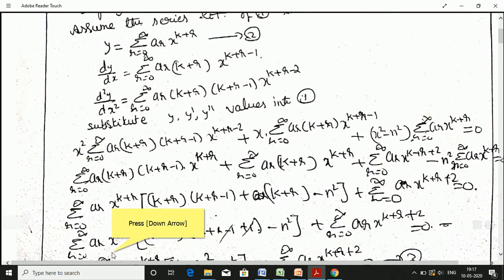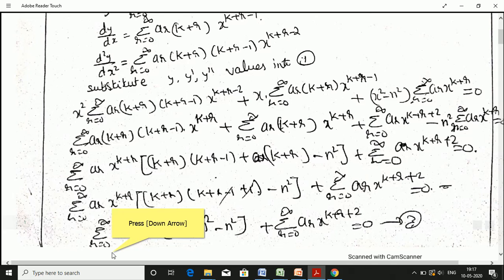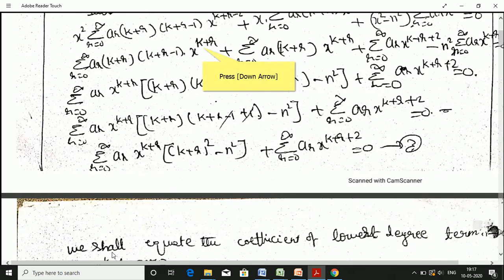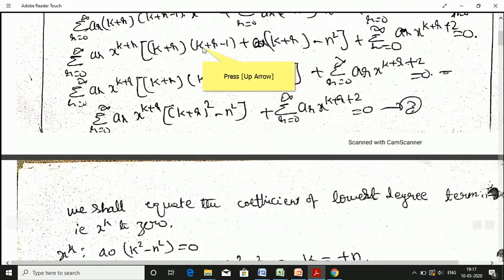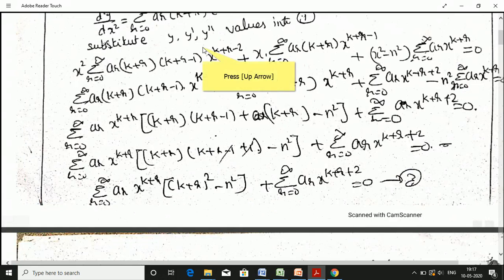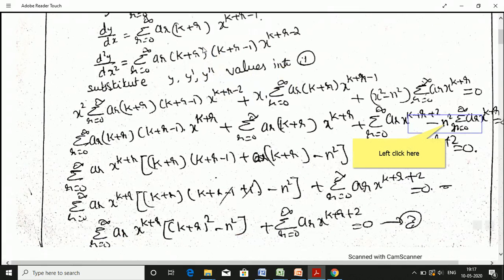And here if I take x squared inside, sigma r equal to 0 to infinity a r into (k plus r) into (k plus r minus 1) x to the power of k plus r minus 2 into x squared becomes x to the power of k plus r, plus sigma r equal to 0 to infinity.